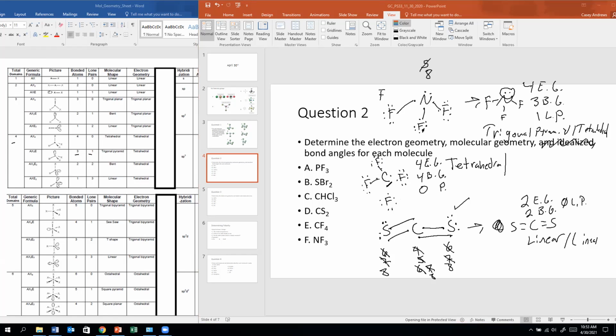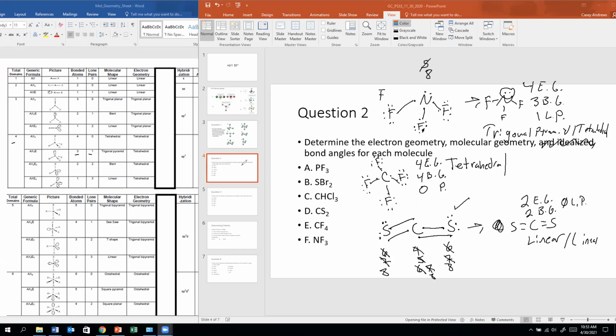One, 2, 3, 4. So it's the same answer as C. Basically, all you're doing is instead of having hydrogen and 3 chlorines, you just put 4 fluorines instead. So anything, if there's 4 things bound to carbon, it's always the same answer. Tetrahedral. And that is like one of the most common types in all of chemistry.